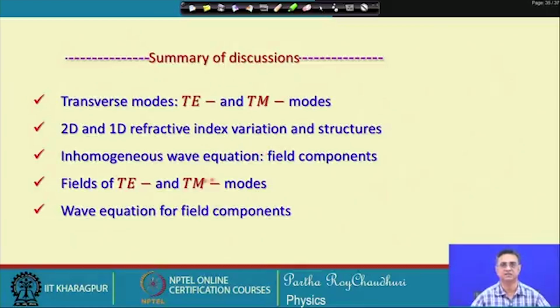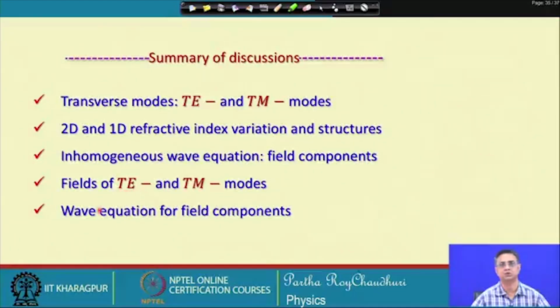But in this discussion, to just begin with, we have talked about the TE and TM modes and how they are related to the TE and TM polarized waves, 2 dimensional and 1 dimensional refractive index variation, and the structures involved, and some examples also in the homogeneous wave equation, and then the field components related to that, the fields of TE and TM modes.